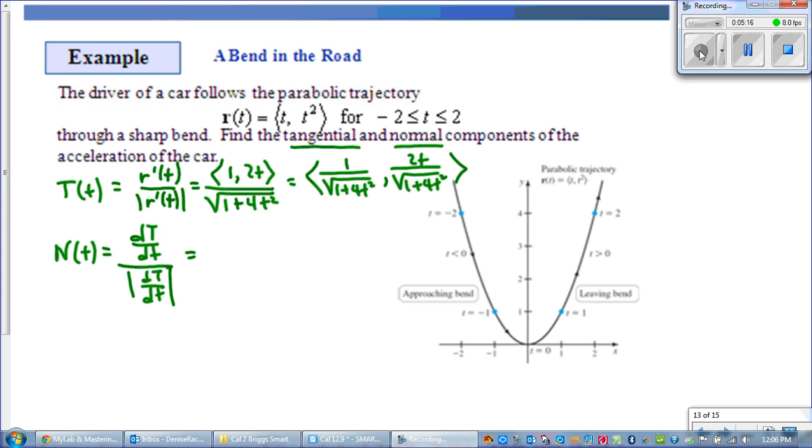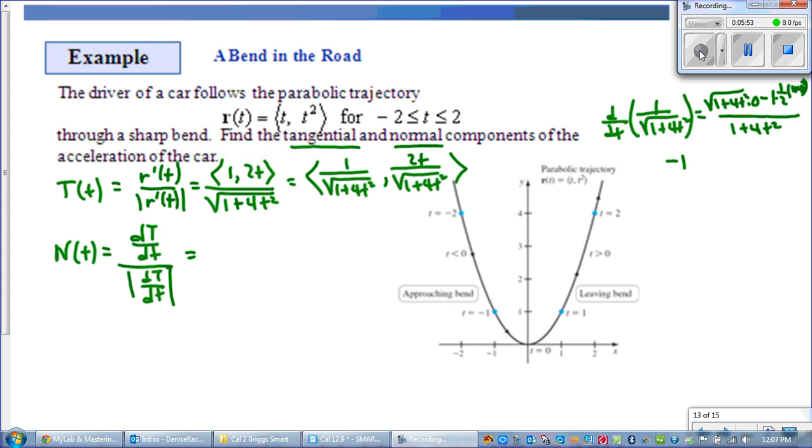now we need the quotient rule. If we want to take the derivative of this, 1 over the square root of 1 plus 4t squared, the quotient rule is I'll square the denominator times the derivative of the numerator minus the numerator times the derivative of the denominator, which is 1/2 times 1 plus 4t squared to the negative 1/2, and then we'll have times an 8t.